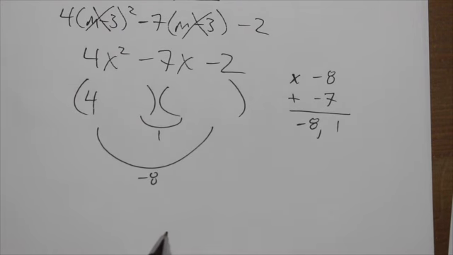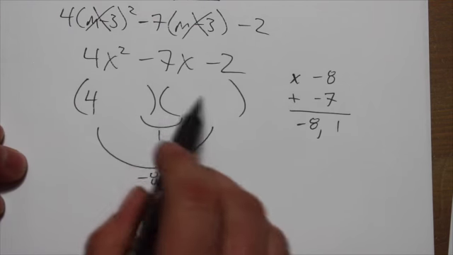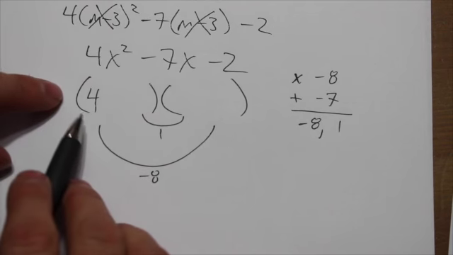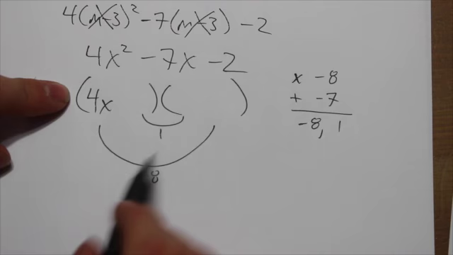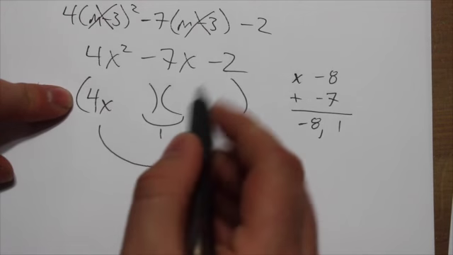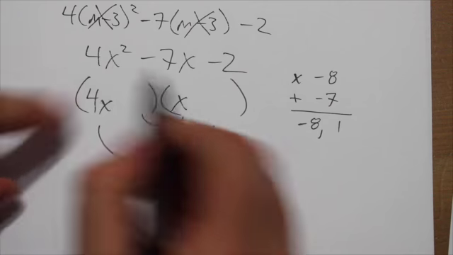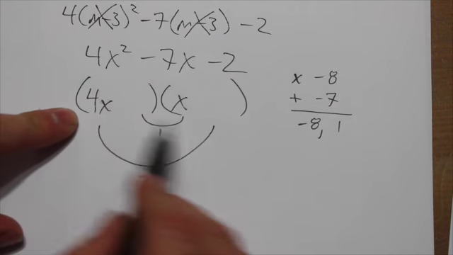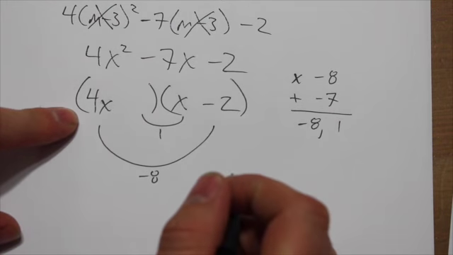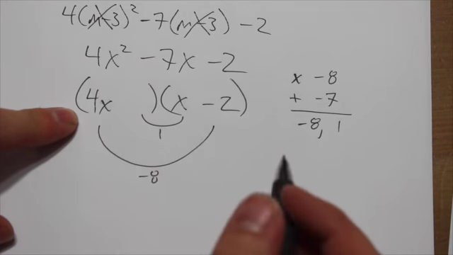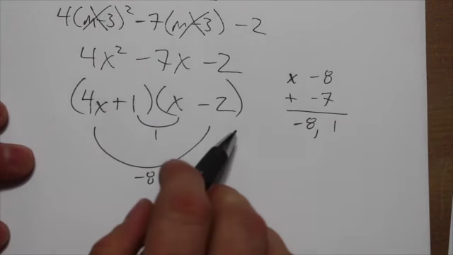I know 2 could also work there, but you would run into some difficulty later on where the numbers won't match up. You want to use the largest one whenever you can here, okay? So it's going to be 4x. Once that choice is made, this number here must be x, so that the product of the first two values is 4x squared. To get a product of negative 8, this number back here has to be negative 2. And for these two to multiply together to get 1 means that must be positive 1. And so there we go.